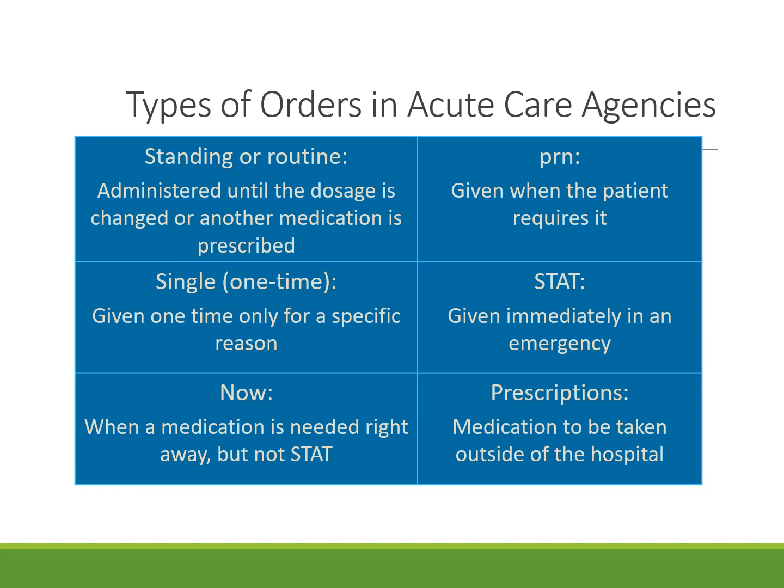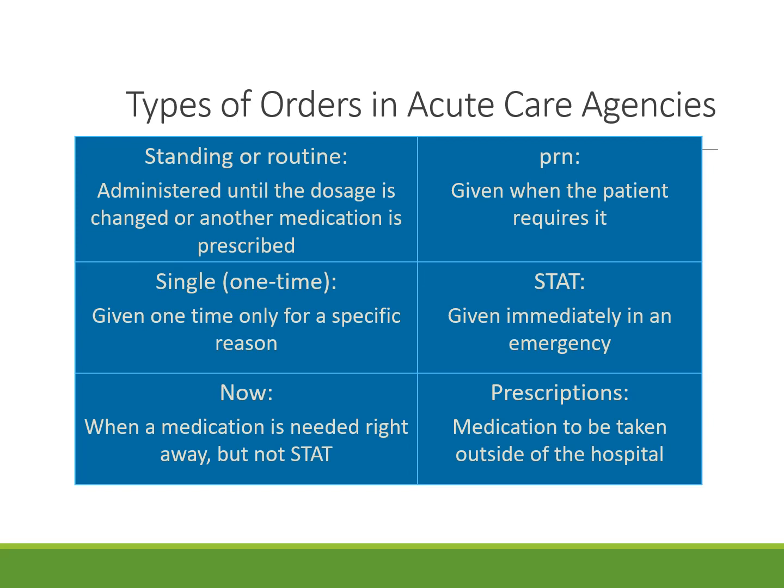There are also orders of the doctor, usually if the patient needs acute care or emergencies. These are the different types of medication orders usually given in acute care agencies. If the order is a standing or routine order, as nurses you need to administer that until the dosage is changed or until the medication is discontinued.